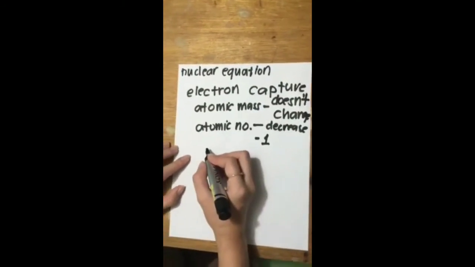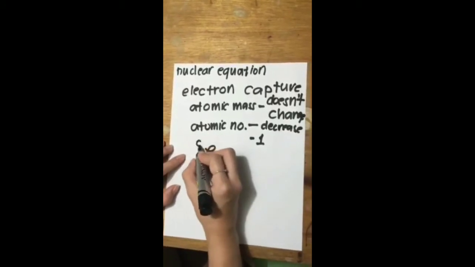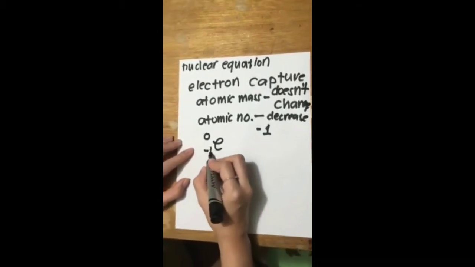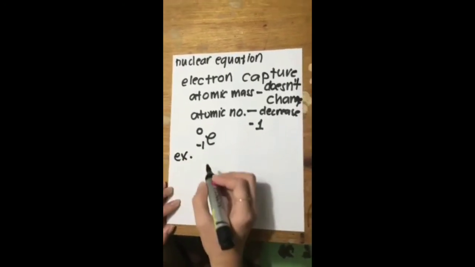And it has a general form of electron with 0 atomic mass and -1 as the atomic number.